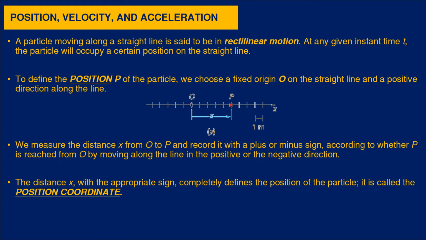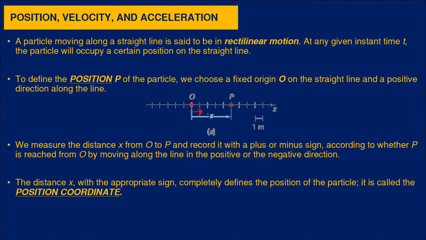Now, if we set this point as our origin, the next thing we're going to do is to set a positive sense of direction. In this discussion, we will set the positive direction going to the right.